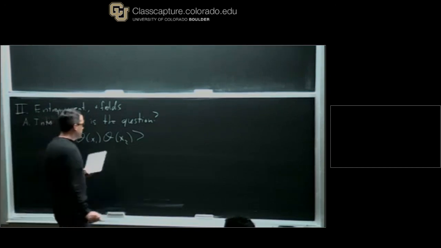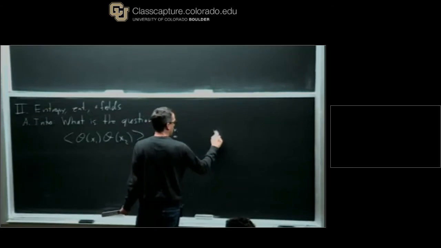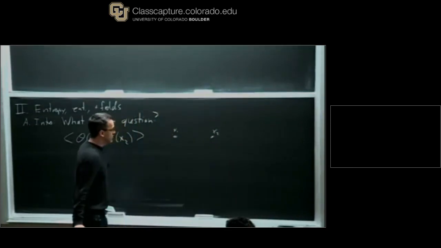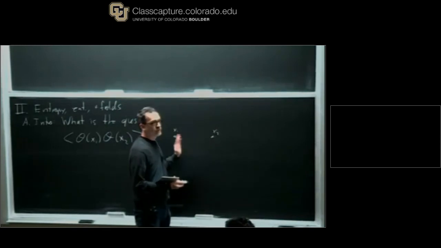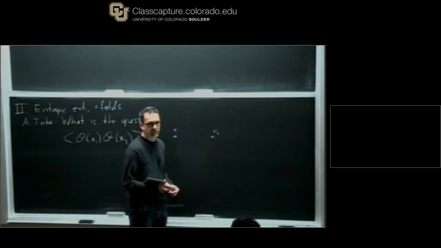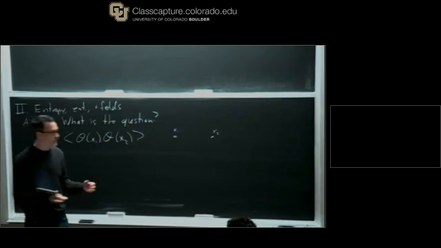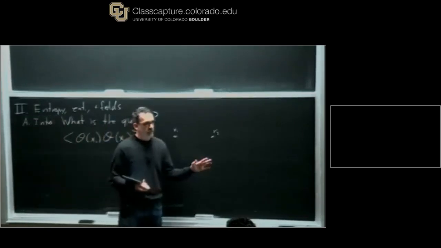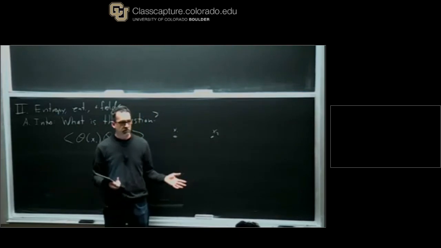And so based on this experience, since we're used to talking about local operators, you might be tempted to ask a question like, how entangled are these 2 points? Or how entangled are the degrees of freedom at this point with the degrees of freedom at this point? But this is completely the wrong question, because entanglement is always something that happens between part of a system and the complement.